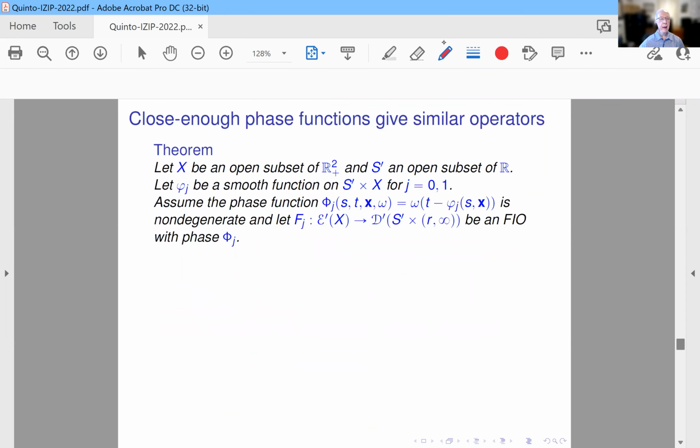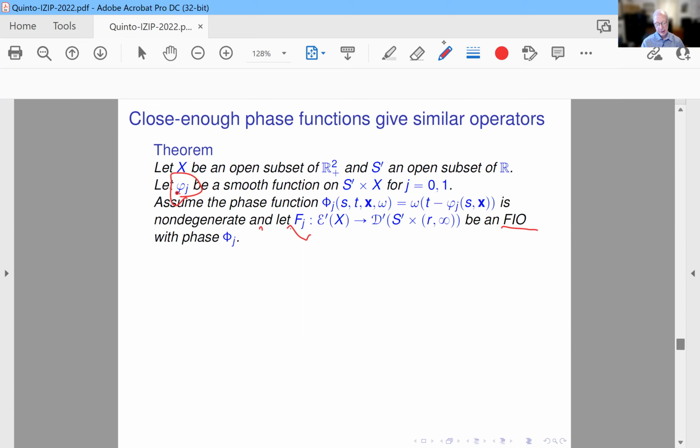Okay. Now, a theorem I wasn't aware of, but of course, once we proved it, it makes perfect sense, that if the phase functions are close, the operators are going to have similar properties, namely, in particular, in relation to Volcker. Let X be an open subset of R2 plus and S prime an open subset of R. Phi j are smooth functions, the ones in our problem that define the isochrones. We assume the phase functions for each j are non-degenerate, and the operators we get are FIOs.